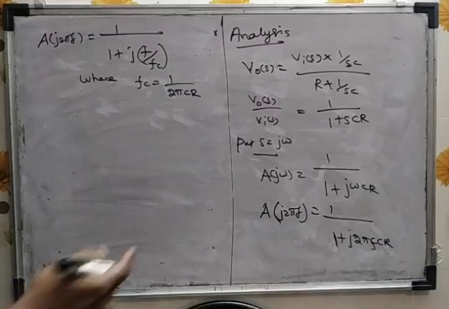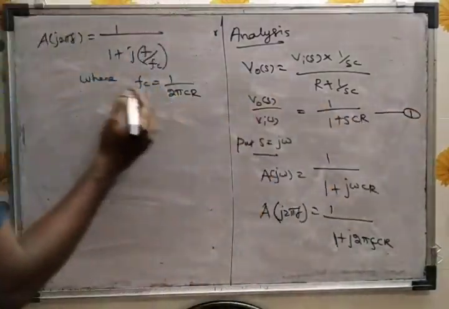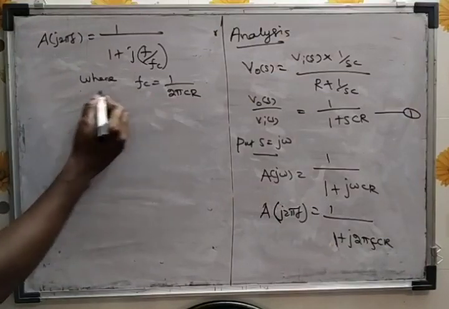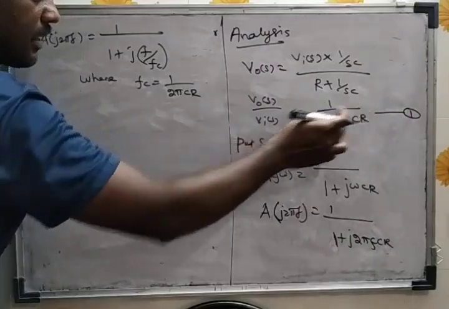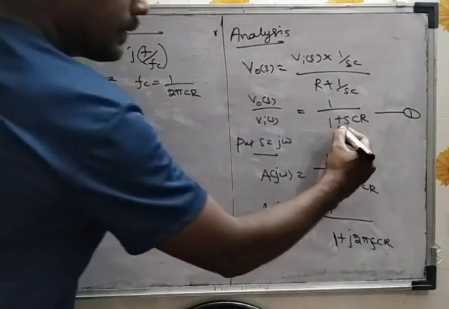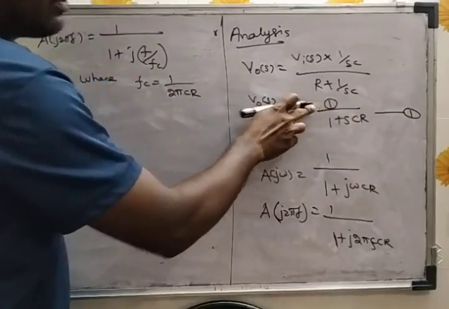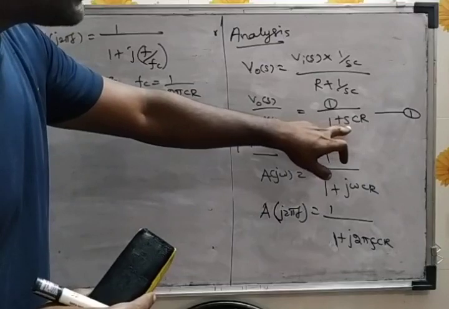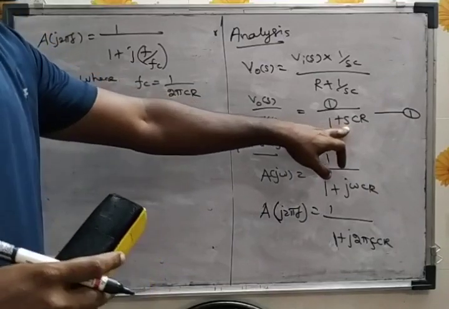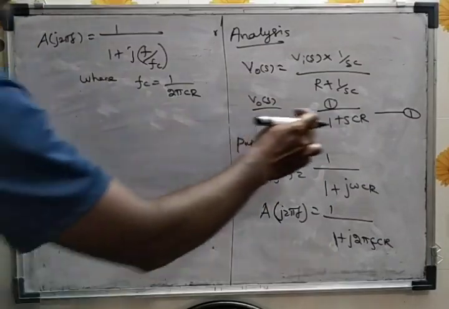Similarly, from equation 1, you have V0 of S by VI of S equal to 1 by 1 plus SCR. So you have a constant numerator, and you have one pole.